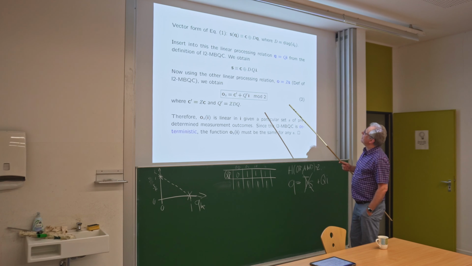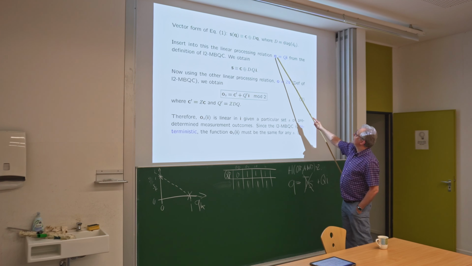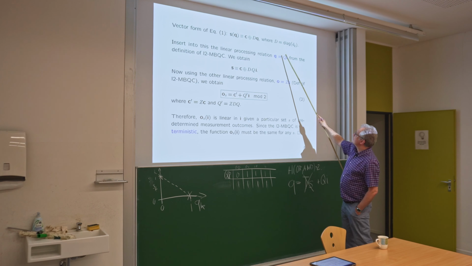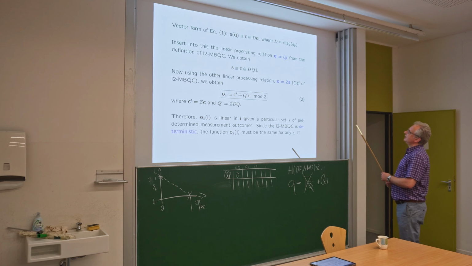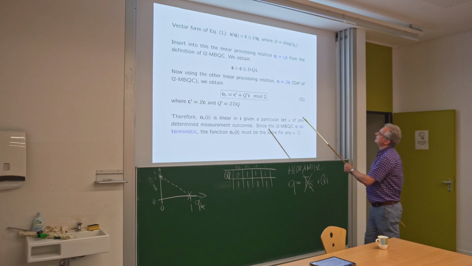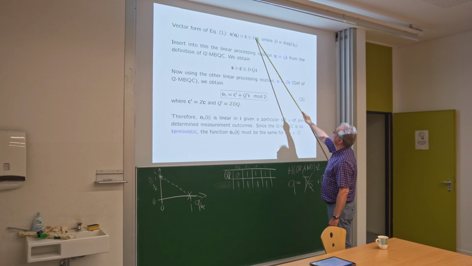Okay, and now we combine this with one of the linear processing relations. So we had choice of measurement basis is given by Q, some matrix times the input. Okay, so I need to figure out what we are inserting where. I think we are inserting this into this up here.